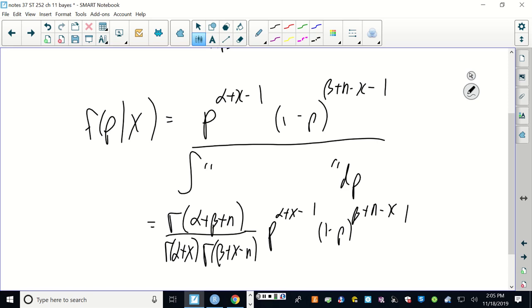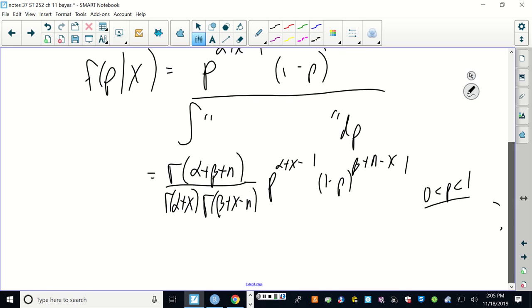And p is between 0 and 1, the range still the same as before. So this is the density of a new beta distribution. It's still p to a power, 1 minus p to a power, both minus 1, with certain gamma multipliers that would correspond to a beta distribution. So P given x has updated to become a beta distribution.